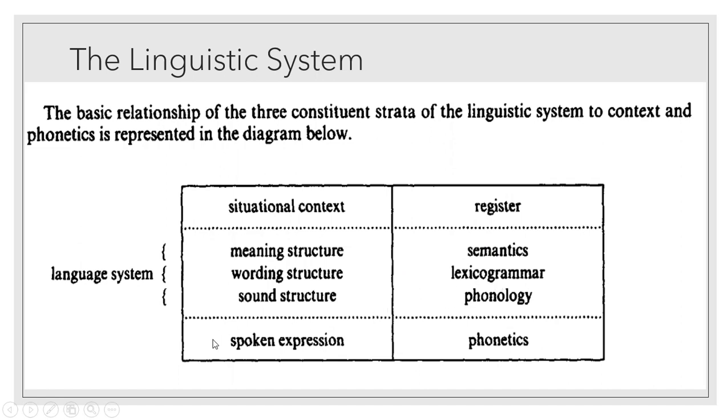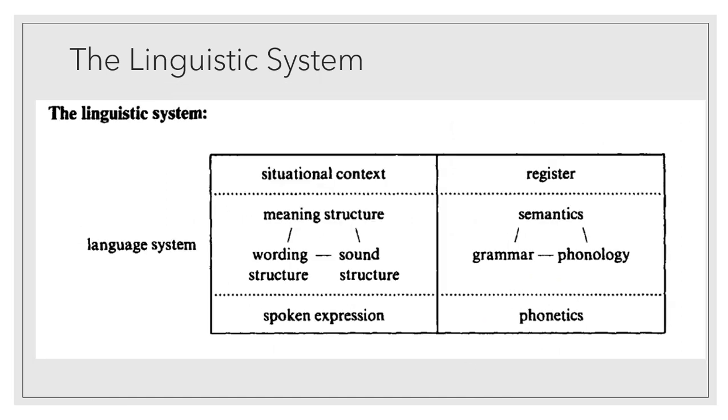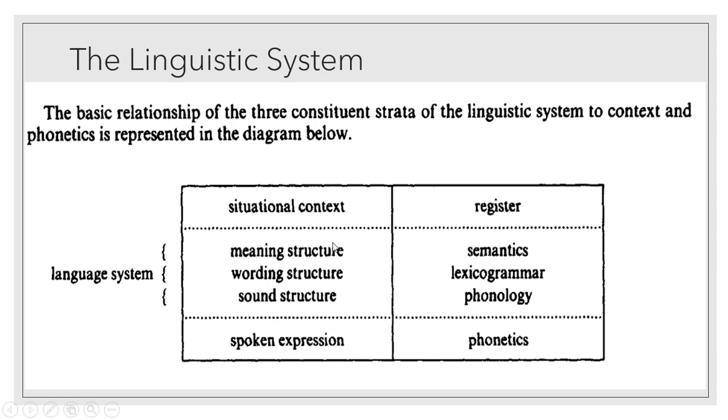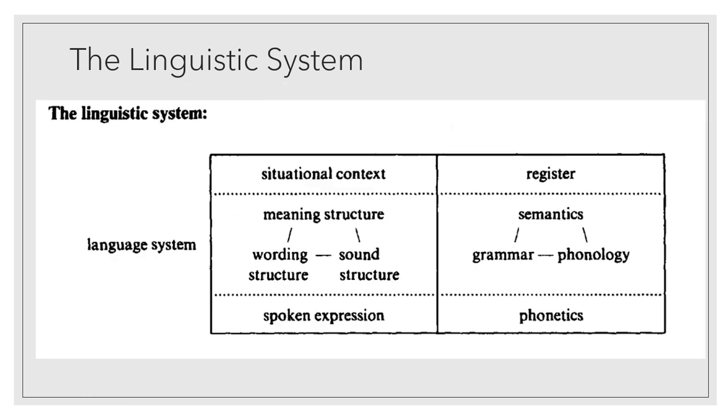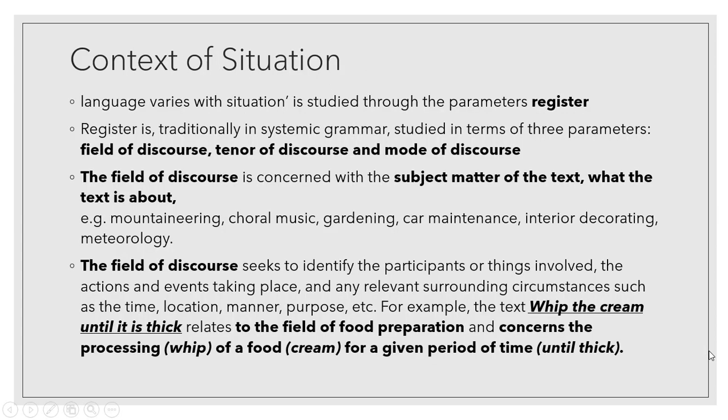If it is a spoken expression, you have to learn more about phonetics. Meaning is the umbrella of the wording structure and sound structure, and if it is spoken, then you have to understand the phonetics.